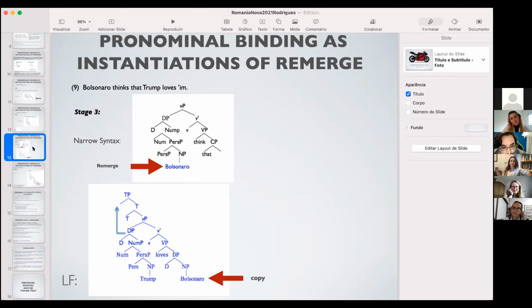You cannot do remerge within the same phase, because you can do internal merge or external merge. Second, why can we do it with formal features? Well, we can do it with formal features because formal features cannot reach the interfaces. If they do, they crash the derivation.